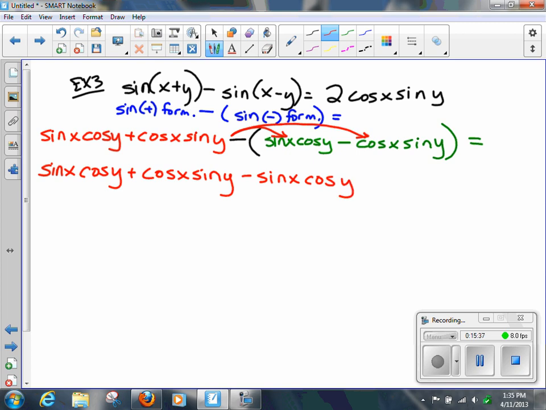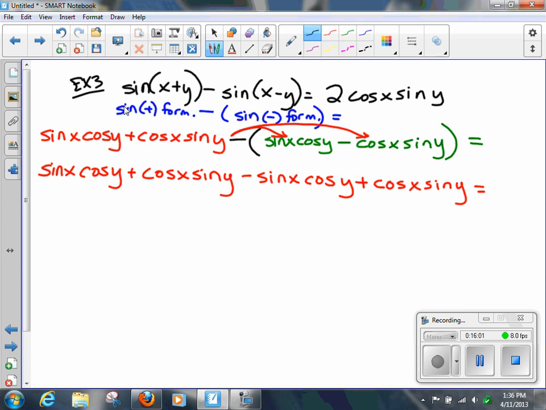What happens to minus cosine x sine y? Plus. And now what? Combine like terms. Now it's just algebra on steroids.